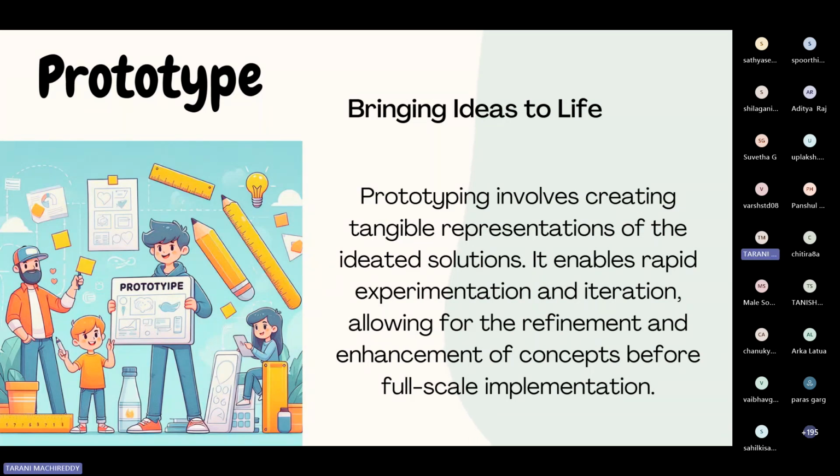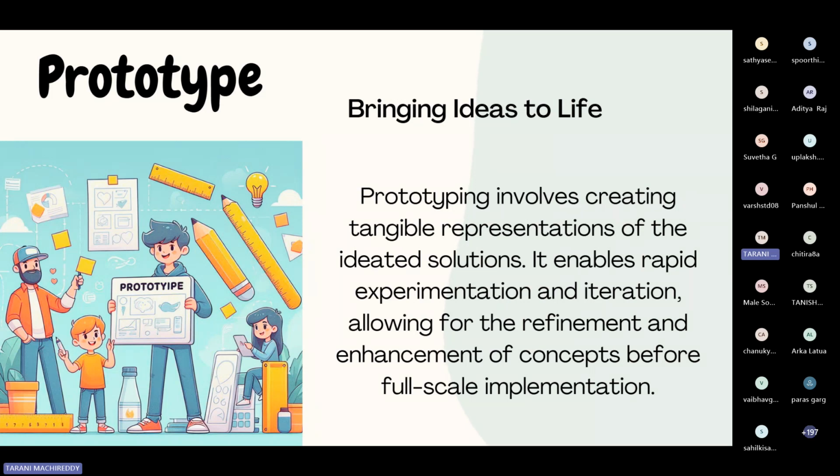Before implementing it to the full scale, we can refine our concepts. If anything goes wrong, we can just come back, take another idea and put it into this prototype. As you all have given a lot of ideas, we can just pick five ideas from it, like community food sharing hubs, recipe planner, collaboration with restaurants, data collection, etc., and make it a prototype.